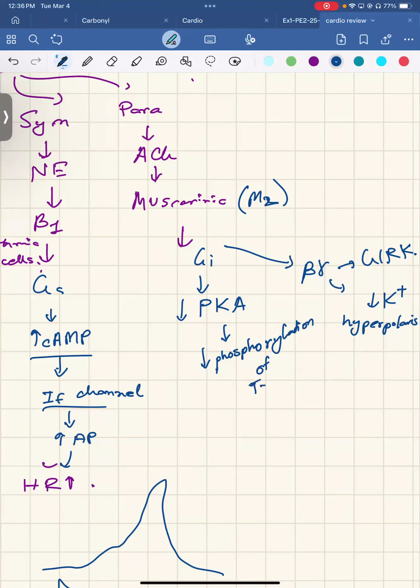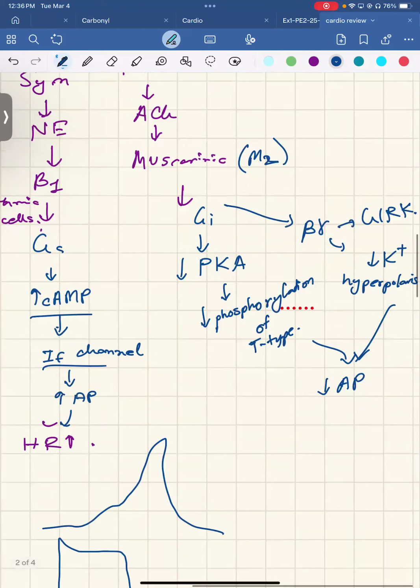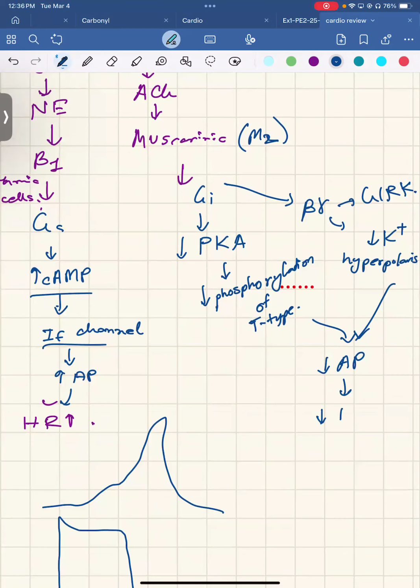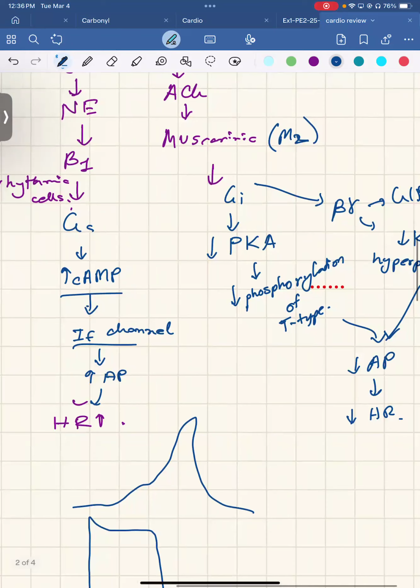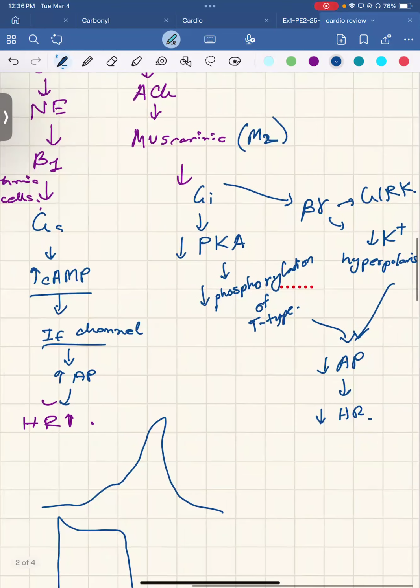Of the T-type channels. Both of them eventually make it harder for an action potential to start, lowering heart rate. Another key thing I've noticed people do a lot in writing answers is they don't complete the thought. They answer only part of it and don't connect the dots to what happens at the end.